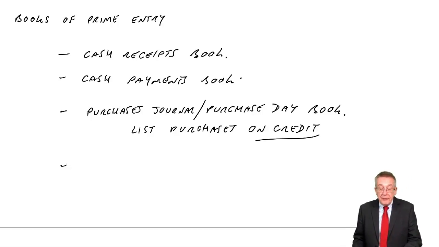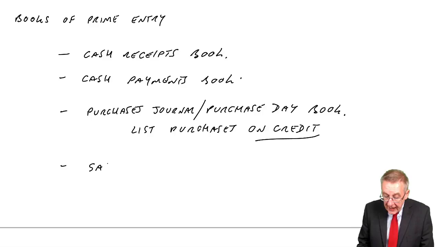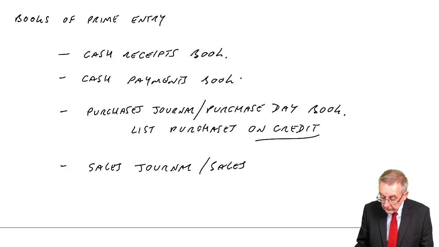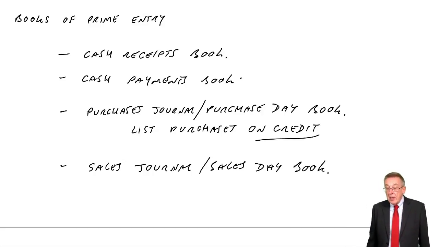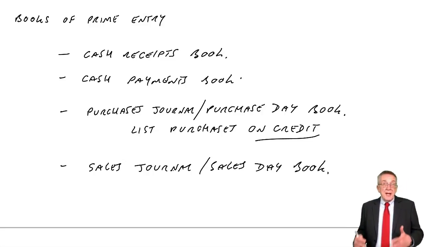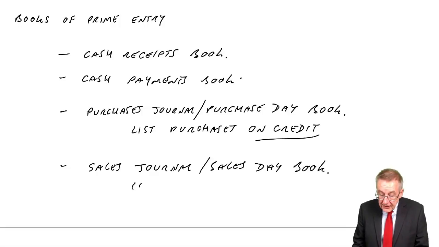And finally, the main four, a Sales Journal or a Sales Day Book. But again, despite its name, we don't list all sales here. We list sales on credit.